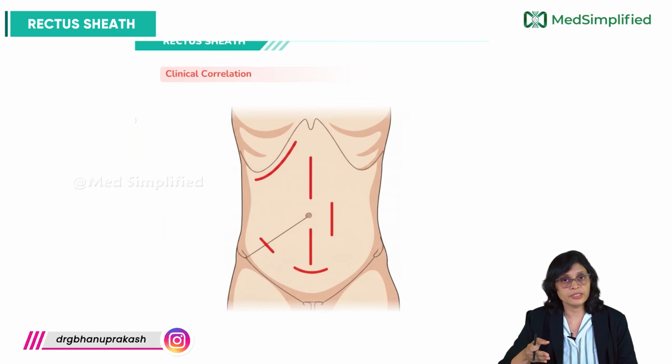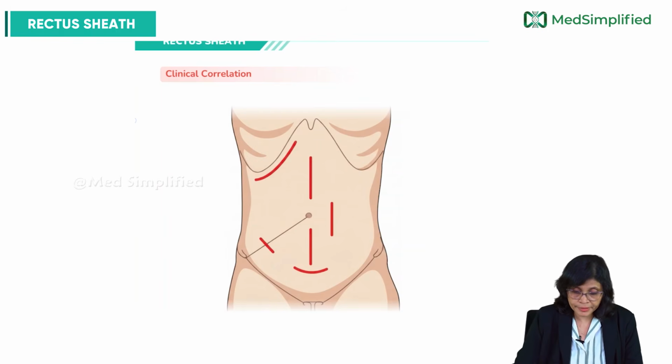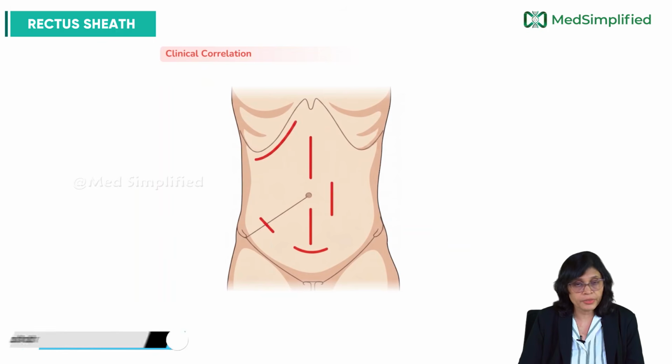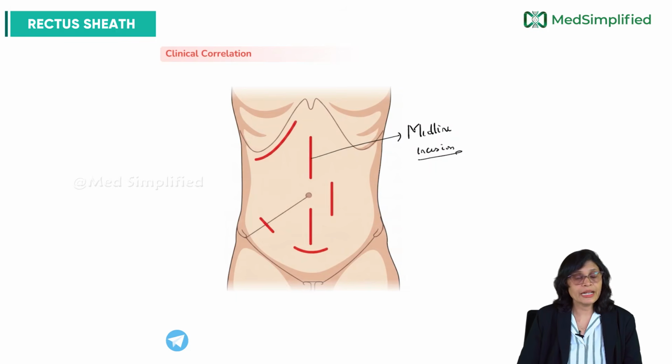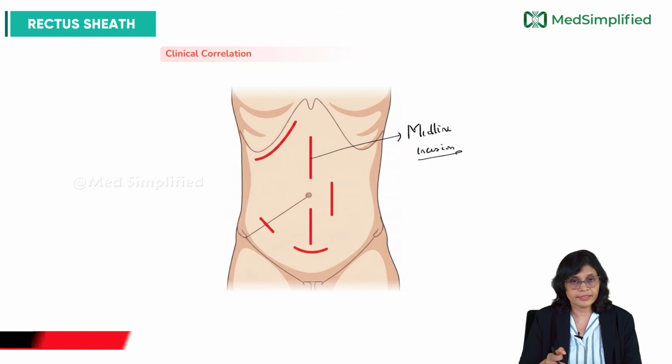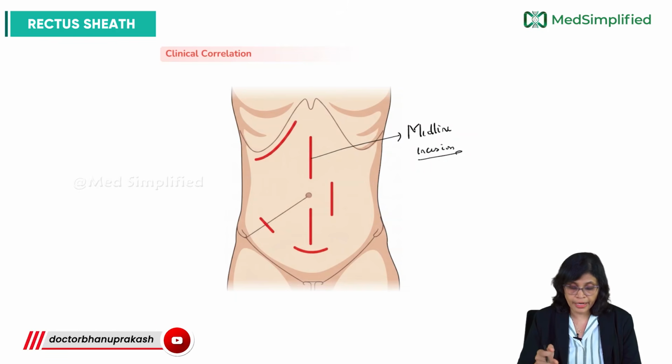Where we put this incision is very important for two reasons: one is during the surgery, and later the post-surgery recovery or healing. Some of the commonly given incisions: one is the midline incision. This midline incision is usually given in the midline, as it suggests, on the linea alba.